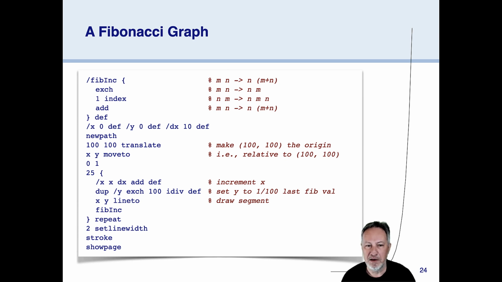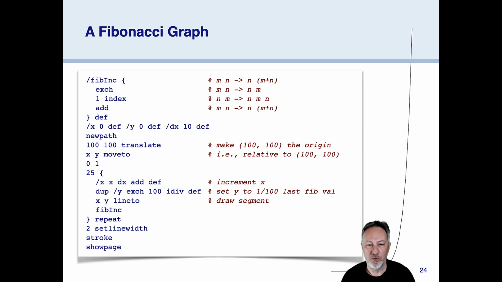So fib_inc assumes that on the stack are the last two Fibonacci values, and what it will do is increment those, so it will bump both Fibonacci values up by 1. So if m and n are on the stack, we expect to find, after running fib_inc, n and m plus n on the stack.